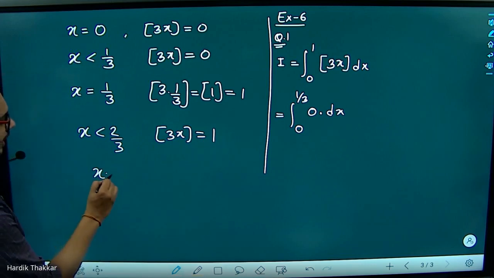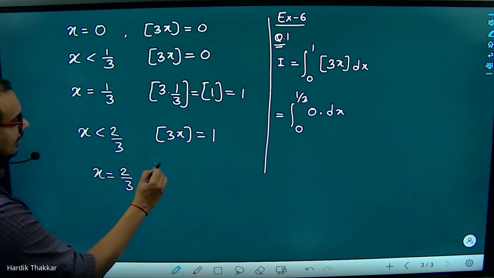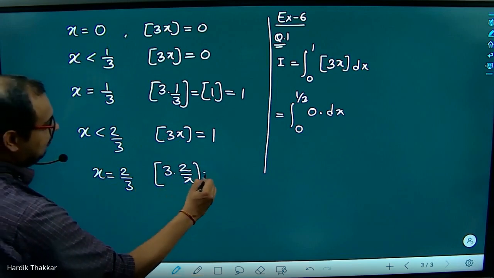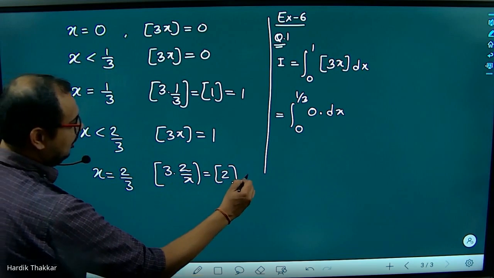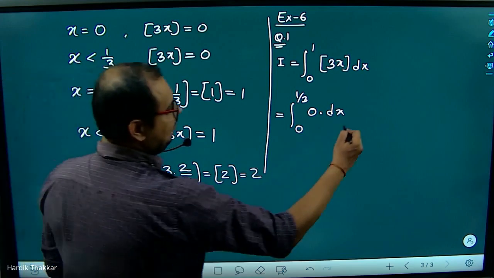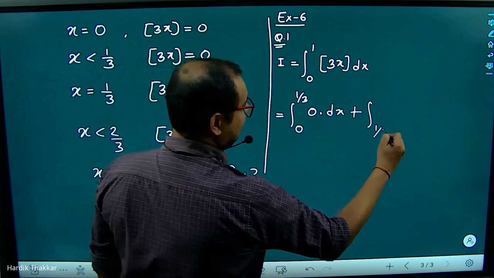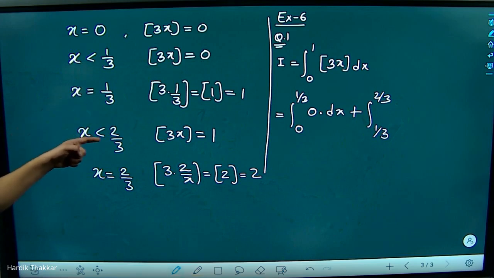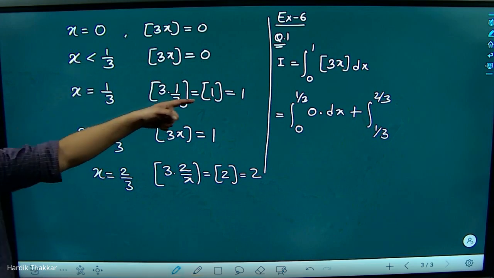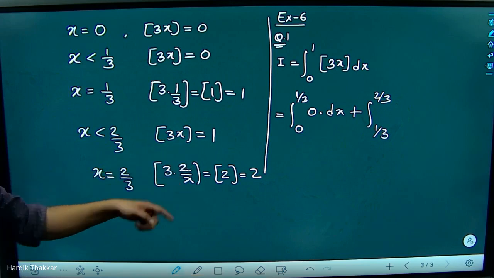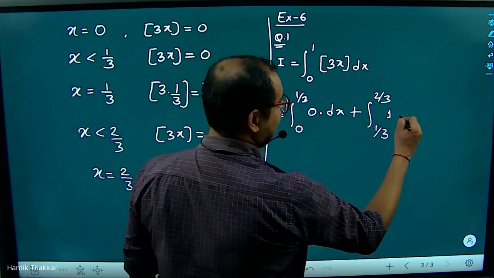Because when x equals 2 by 3, the greatest integer of 3 into 2 by 3 is greatest integer 2, and we get the next value as 2, correct? So the next interval is from 1 by 3 to 2 by 3, and for this interval we get 1 as the greatest integer function, so its value will be 1 dx.